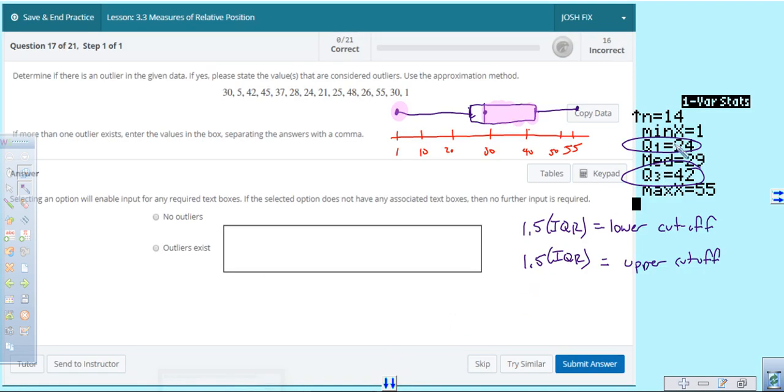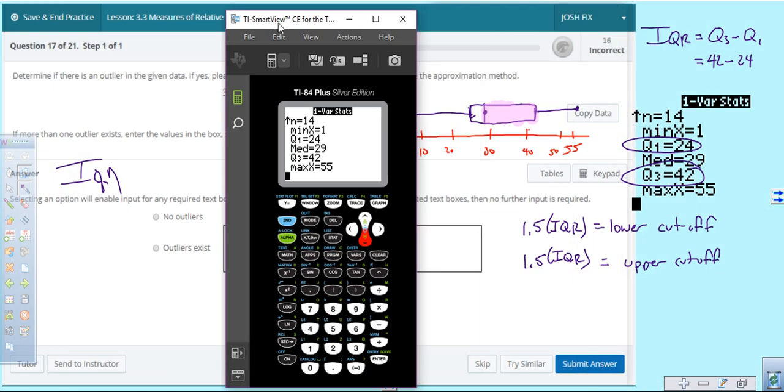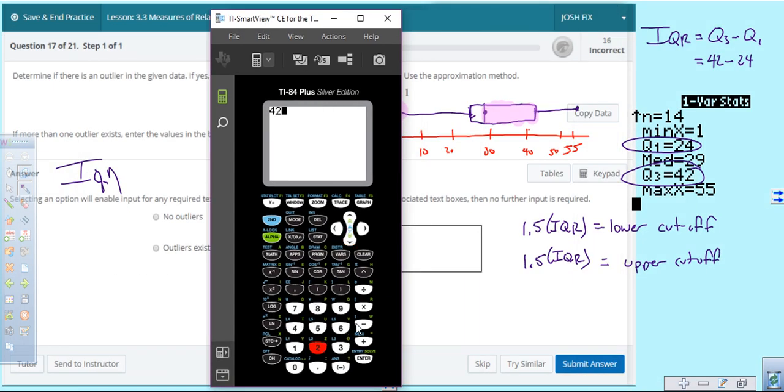So our interquartile range, our IQR, is Q3 minus Q1. That's 42 minus 24. Pull out my calculator, and I've got 42 minus 24, so my interquartile range is equal to 18.